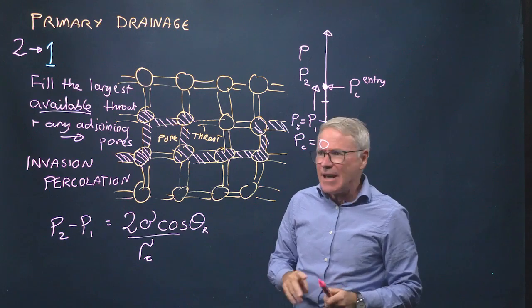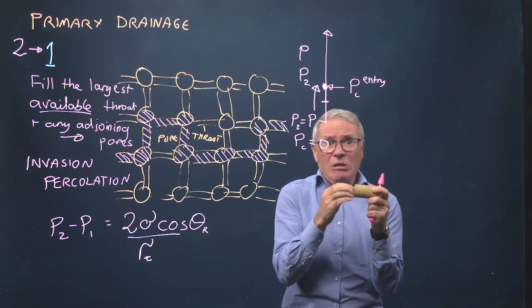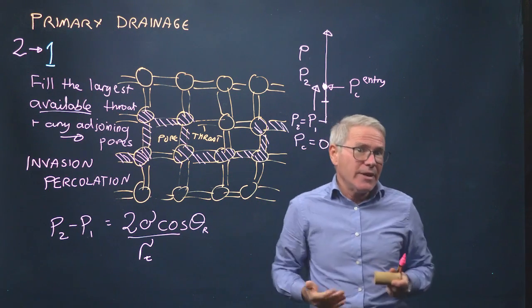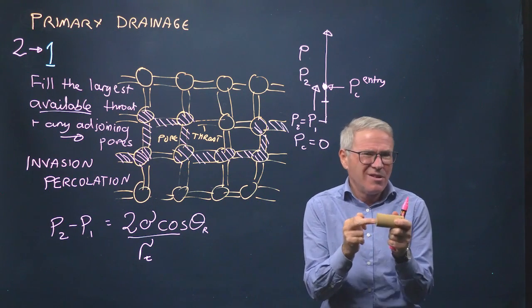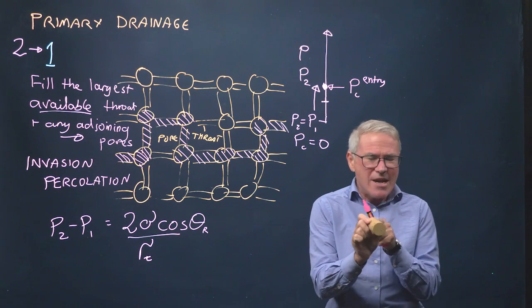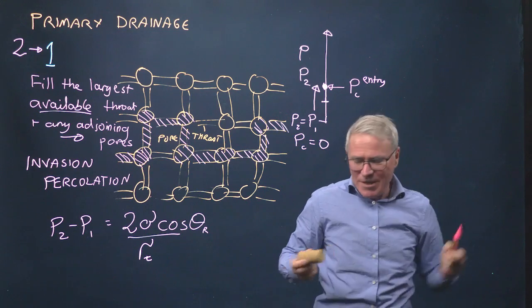Yes, you can say that, but the problem is, you know, I got a piece of rock and I sort of chipped it, so there's a really super wide throat to begin with. So it looks like the entry pressure is very small, and you haven't got anywhere. So in terms of flow, we want to know when a phase can move through the porous medium.